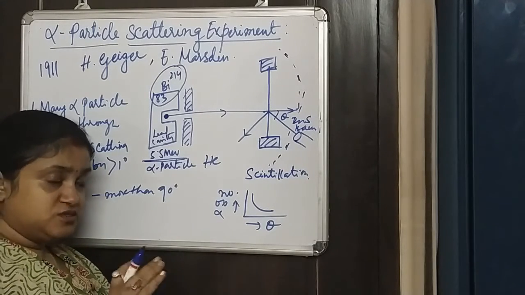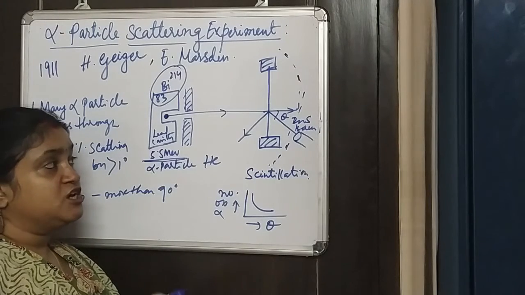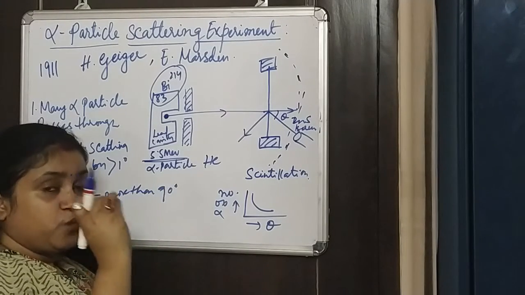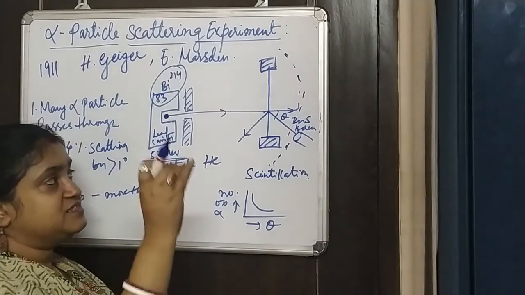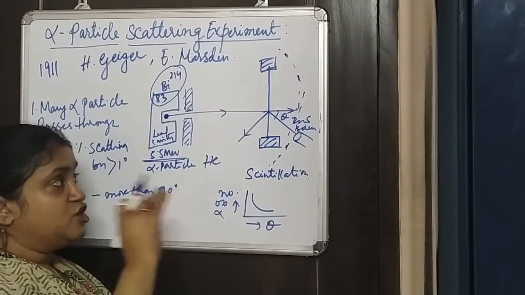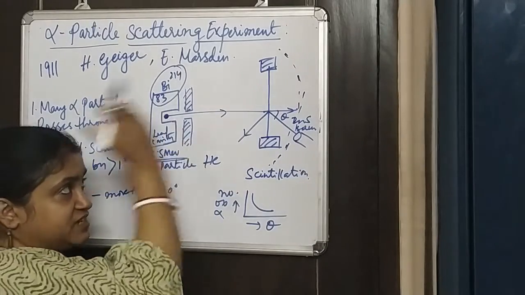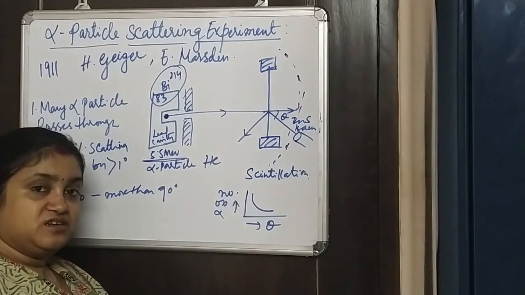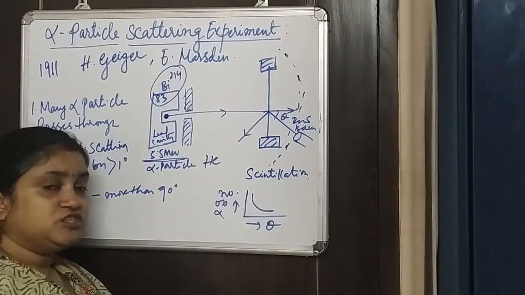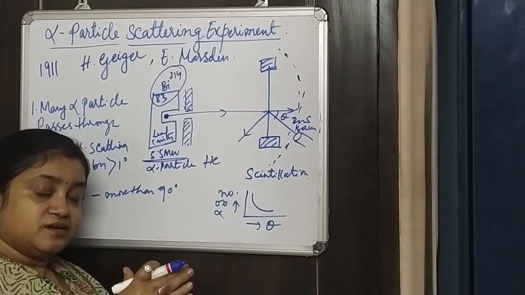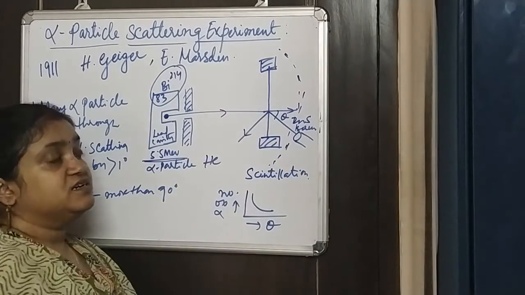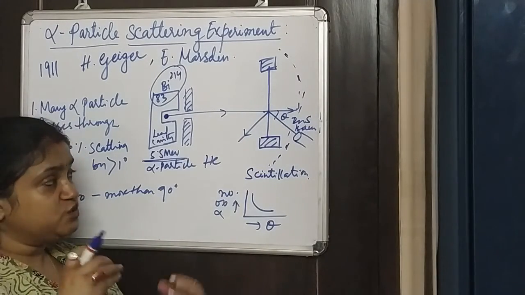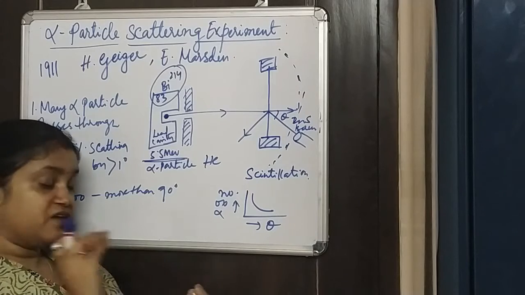Through the usage of scintillation, you can see where, after hitting the gold foil, the alpha particle is getting scattered. After colliding, which direction is the alpha particle moving is captured by the zinc sulfide screen. As you know, when a collision happens, things move in different directions after collision.